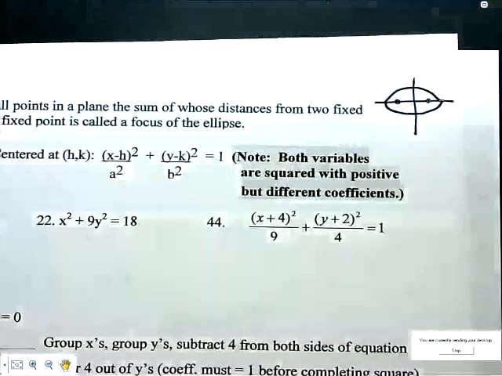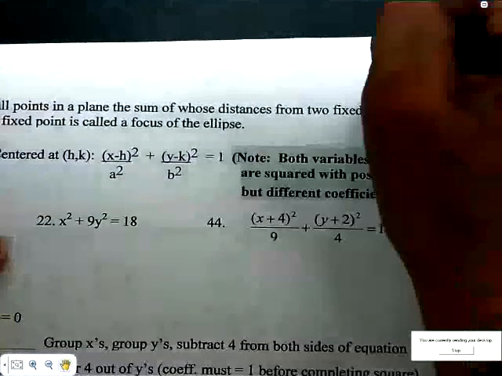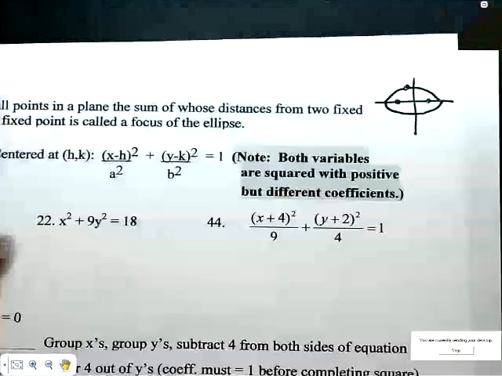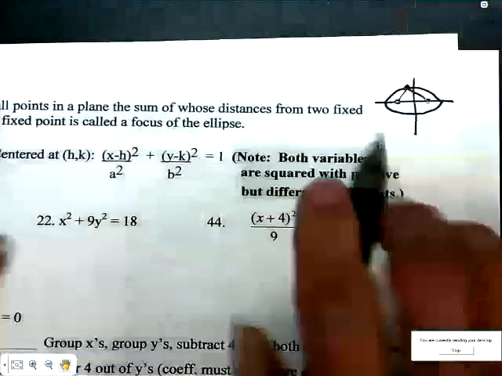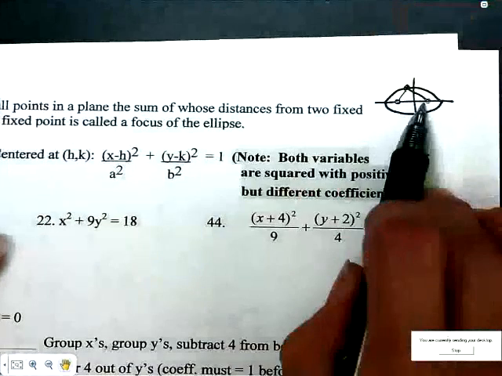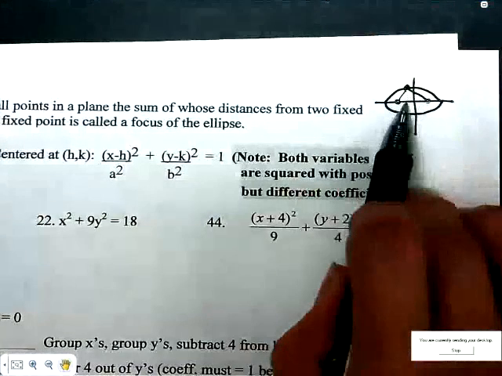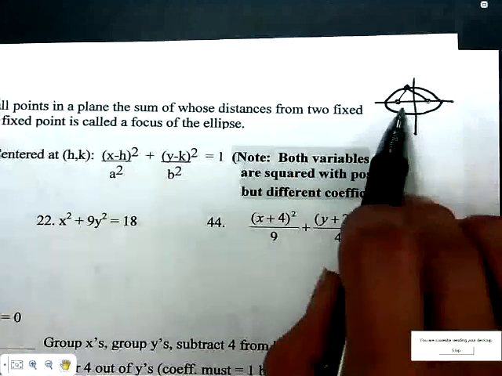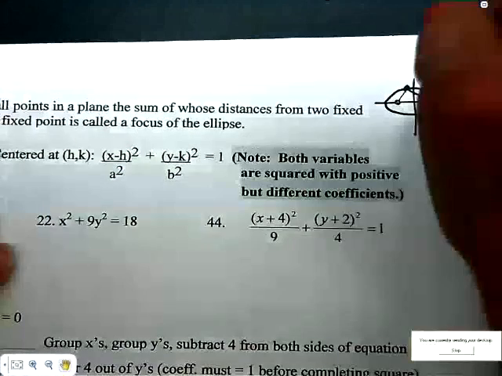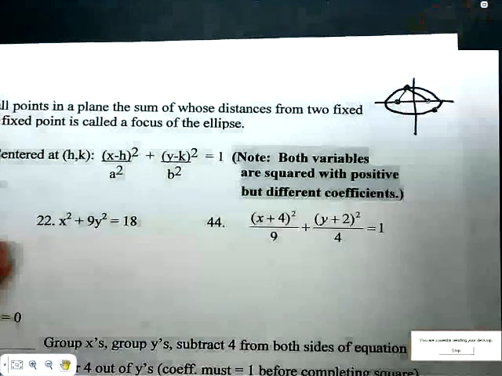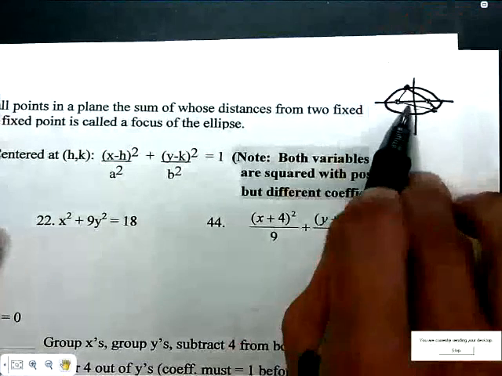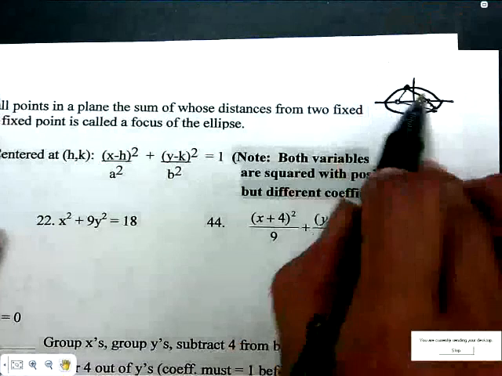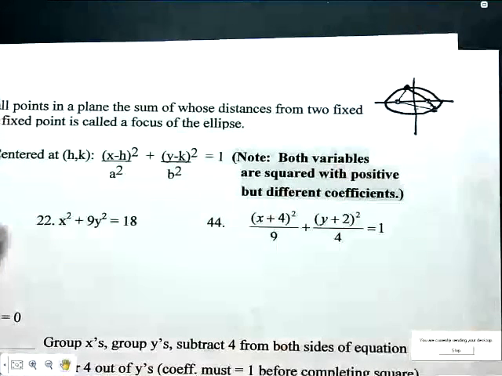And if you take any point on the ellipse and add the distances to each focus, that sum would be the same for any point on the ellipse. I could take a point way over here and add the distances to each focus, and that sum would be the same as that sum. Now that's the definition of an ellipse.